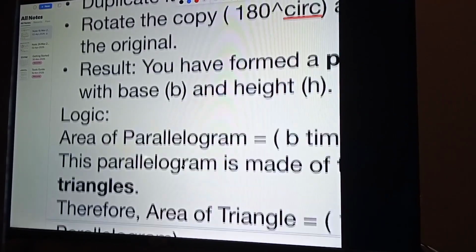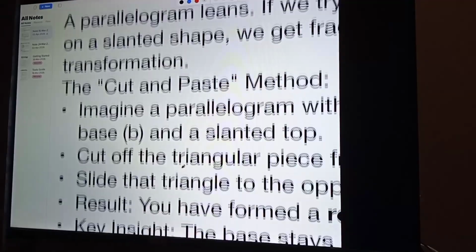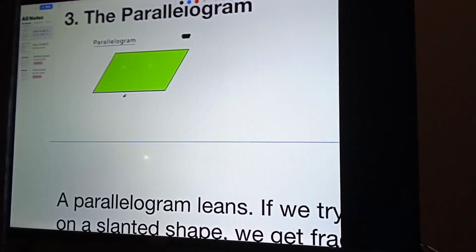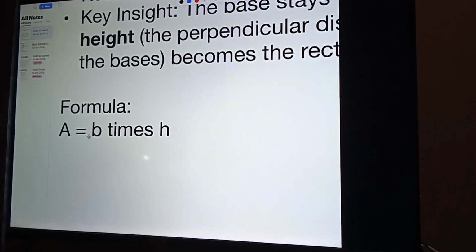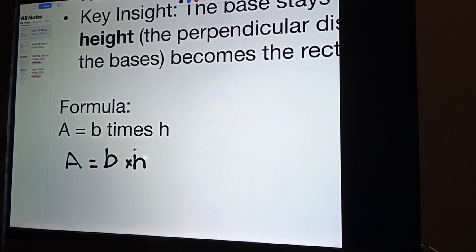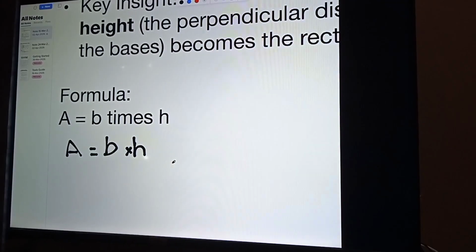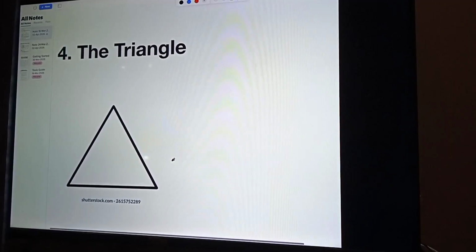But if you don't want to cut a triangle from one edge and connect it to the other edge, just use this formula, where A is equal to base, B for base, times height. This formula will give you the area of the parallelogram.